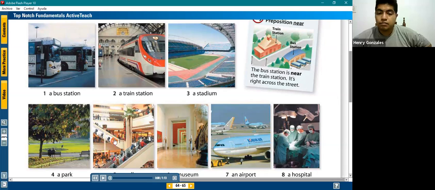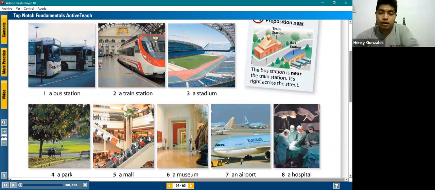Well, students, so this is the vocabulary about the places in the neighborhood. And let's start repeating this vocabulary, okay? So, a bus station, a train station, a stadium, a park, a mall, a museum, an airport, a hospital.